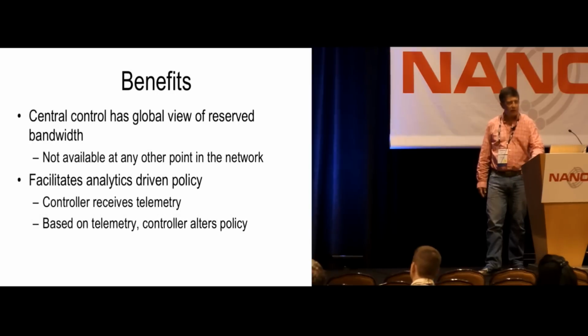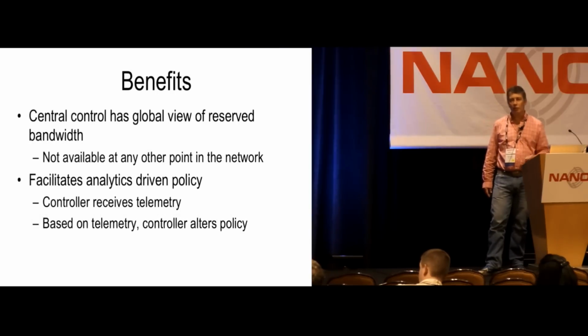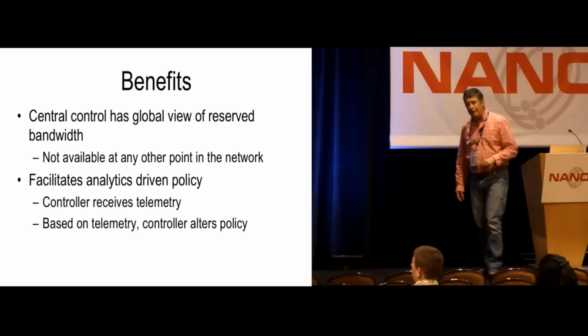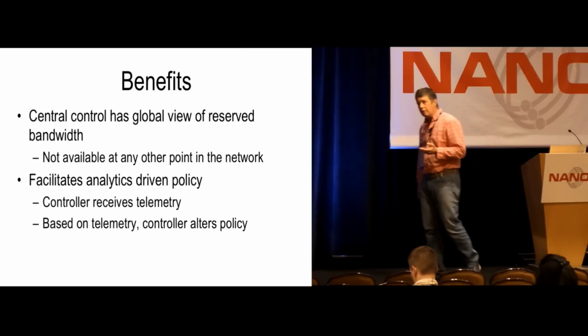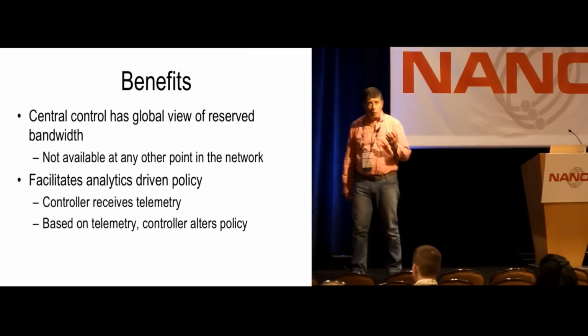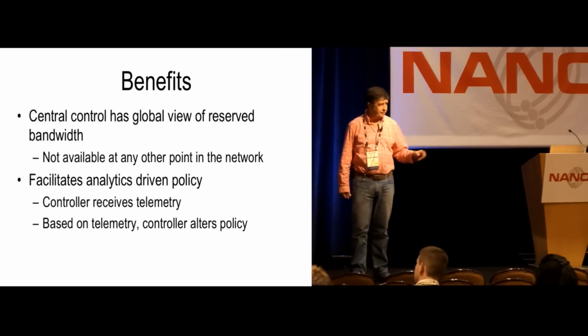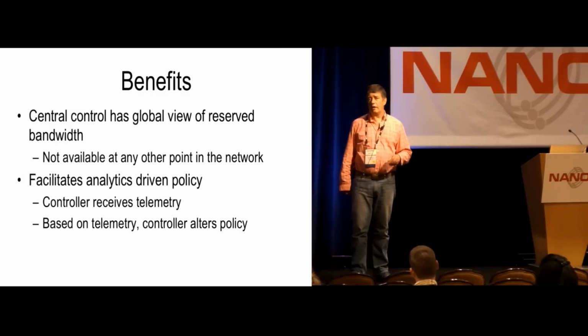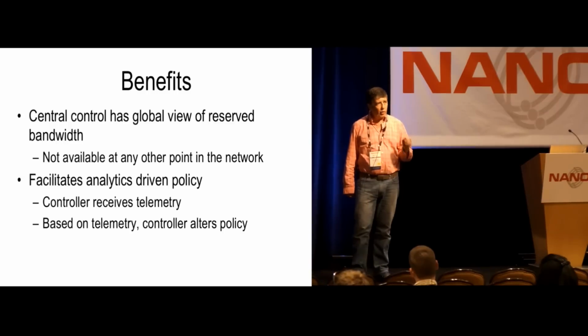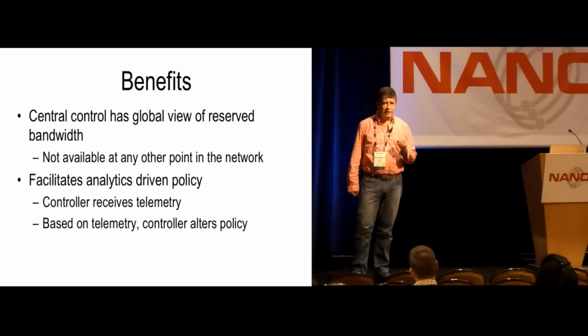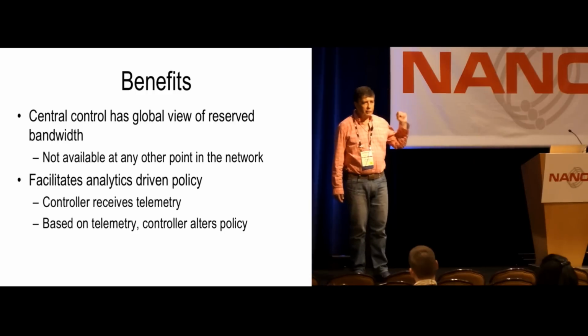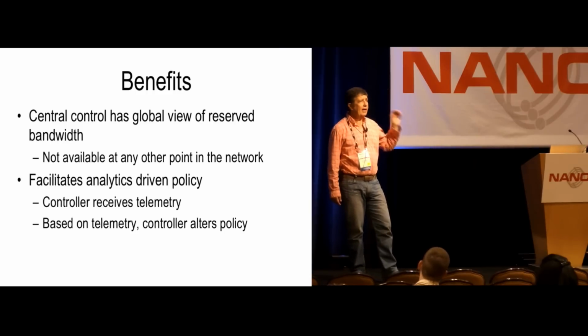So let's talk a little bit about the controller. We kept hinting at the fact that there are two options for this controller. One option is to centralize it, and the other is to distribute it. In one situation, it must be centralized. For those of you who are using RSVP today, how many of you have bandwidth reservation in the constraints?